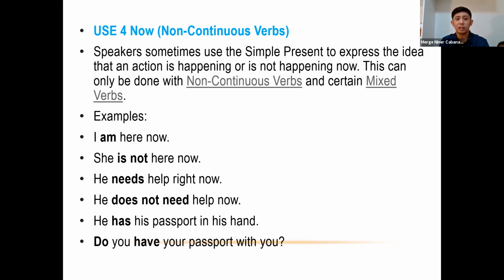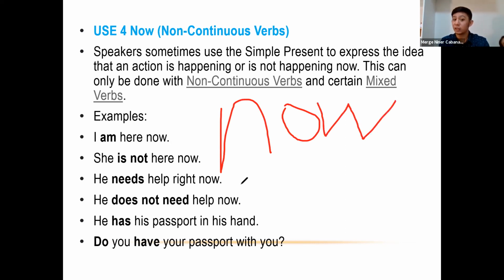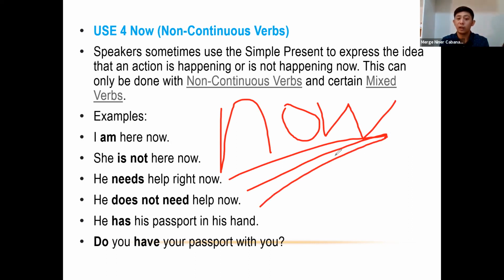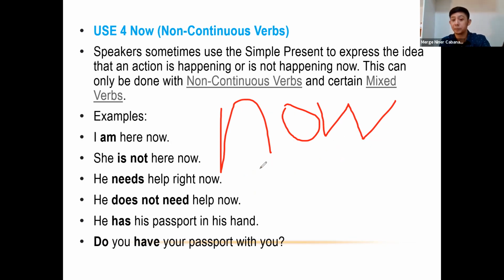Guys, one of the crazy parts in understanding the progressive tense of the verb, which is what we're going to refer to later, is the concept of the word now. Okay, later we will be paying attention with this word, but for this idea, we're referring more to the always, usually, constantly, happening all the time, okay, dilemma.